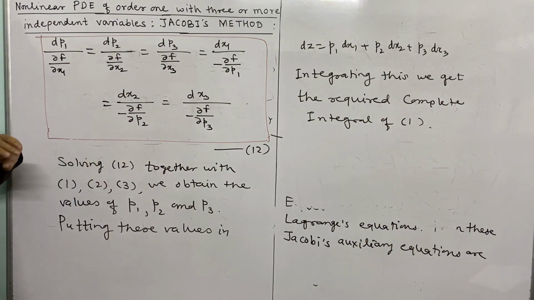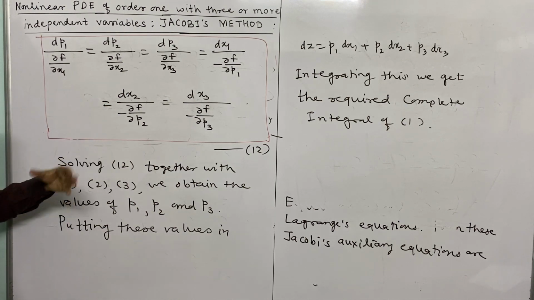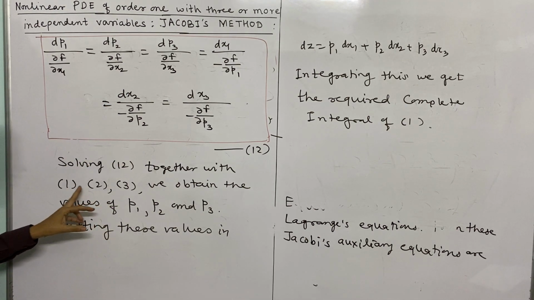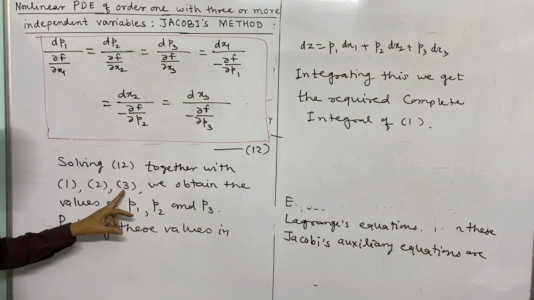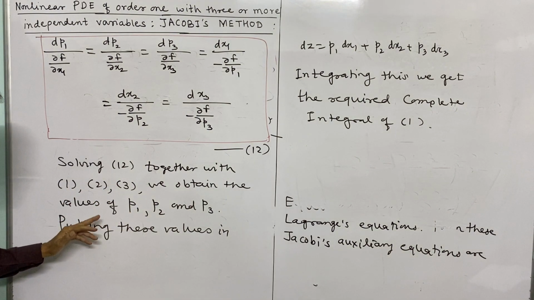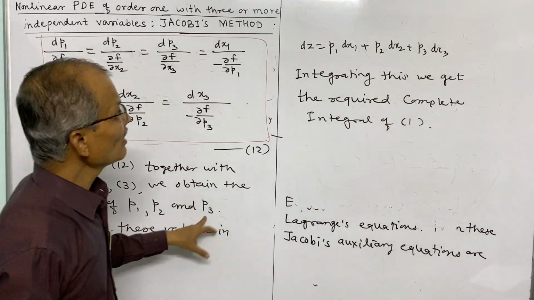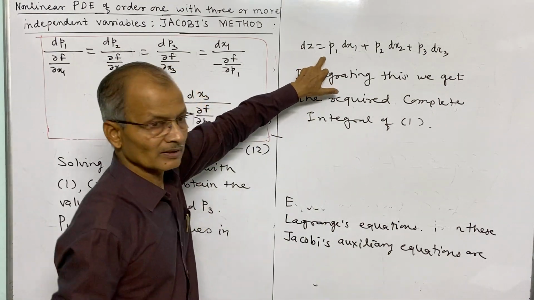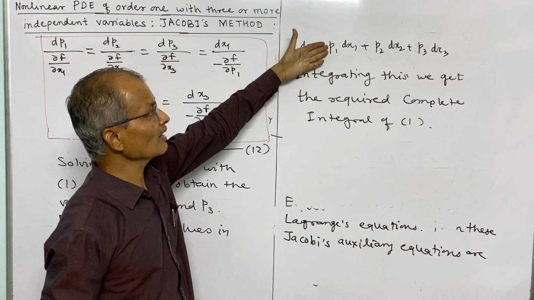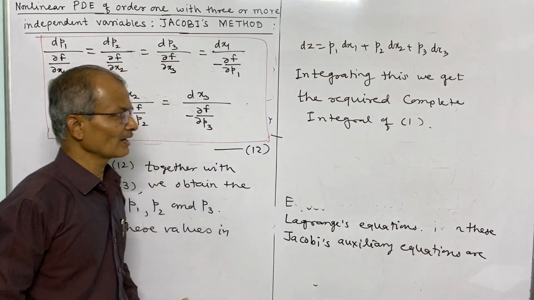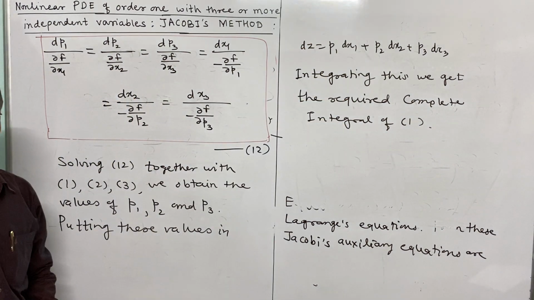And then we will obtain the values of p1, p2, use these values with the original equation and additional f1 and f2. Then get the values of p1, p2, p3, put the values of p1, p2, p3 in this relation dz, integrate this, we will get the required complete integral of the original equation.